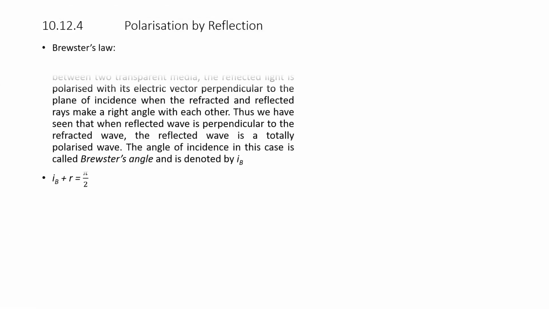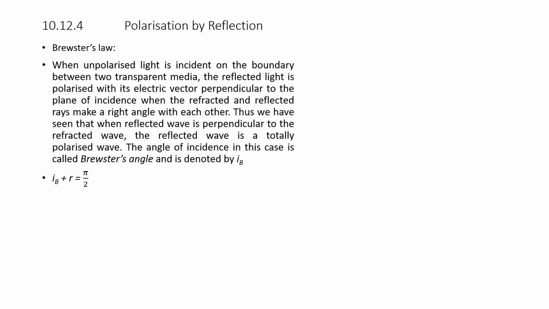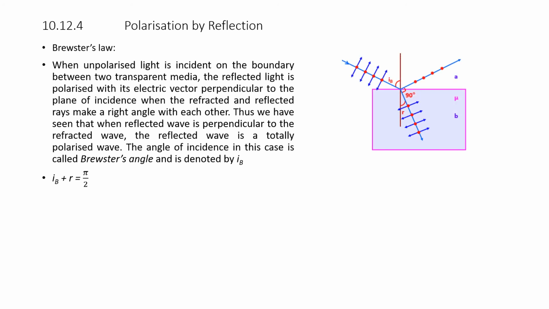Polarization by reflection. Brewster's law. When unpolarized light is incident on the boundary between two transparent media, the reflected light is polarized with its electric vector perpendicular to the plane of incidence, when the refracted and reflected rays make a right angle with each other.